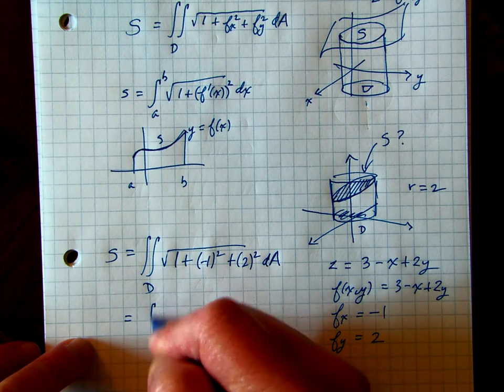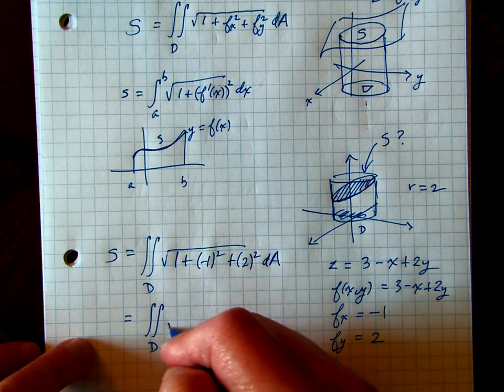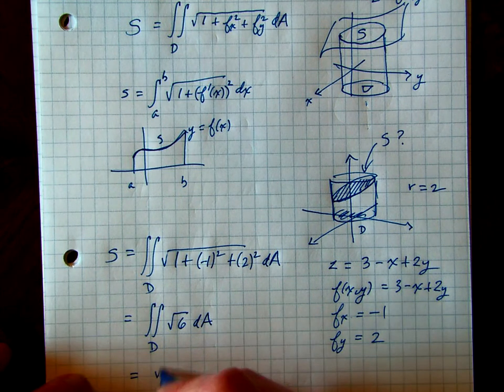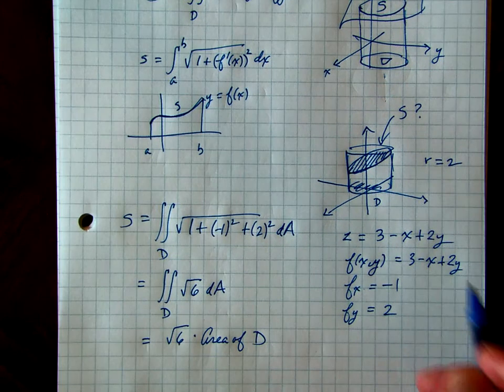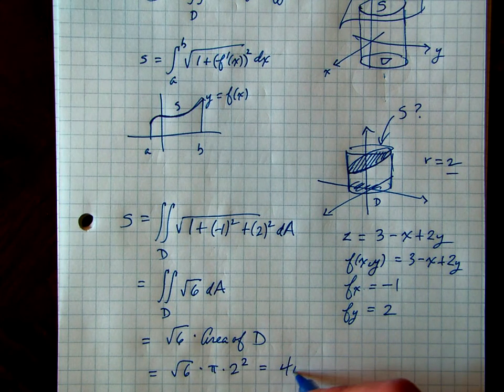In other words, the double integral over the disk region, square root 6 dA, or just square root 6 times the area of D. This is a disk of radius 2, so square root 6 pi times 2 squared, 4 pi square root 6.